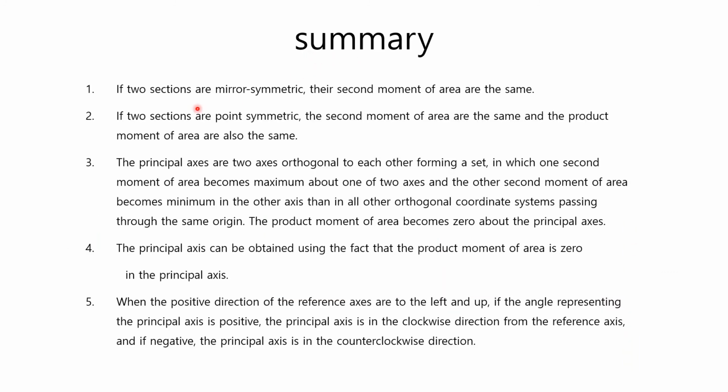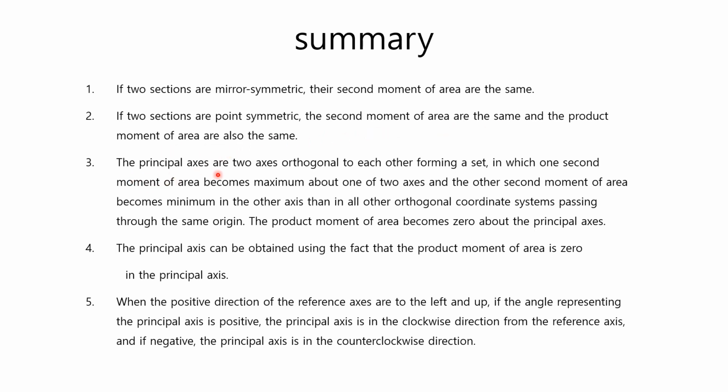Here we have a summary. If two sections are mirror-symmetric, their second moments of area are the same. If two sections are point-symmetric, the second moments of area are the same, and the product moments of area are also the same.